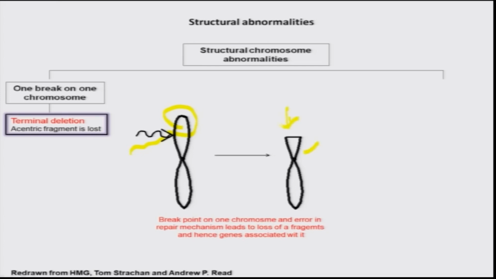Whatever genes are present over there are lost, because this cannot be retained in the cell: it doesn't have the centromeric region, which is where your spindle binds, so it cannot bind to the spindle and get copied. So you may have a cell in which one of the copies of the chromosome does not have this region, which may have several genes. As a result, the cell is unable to function properly, the individual is unable to function properly.